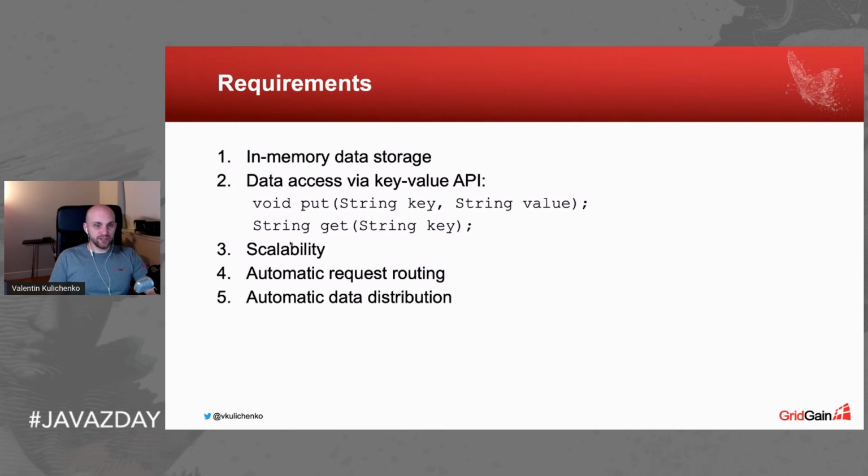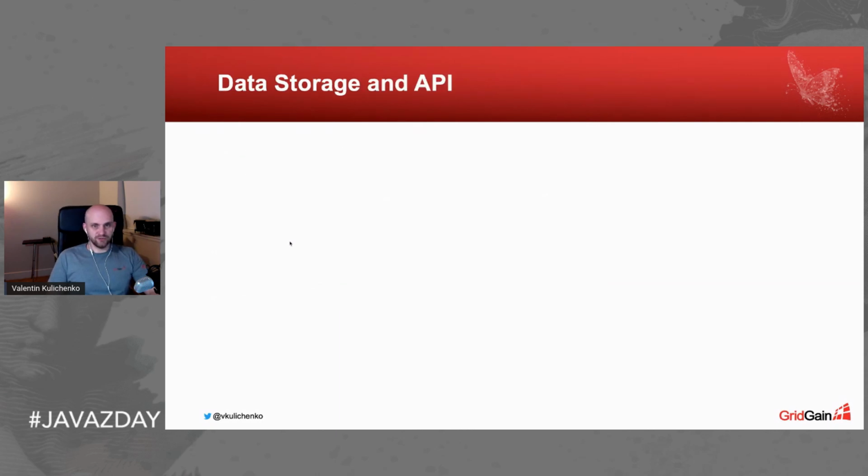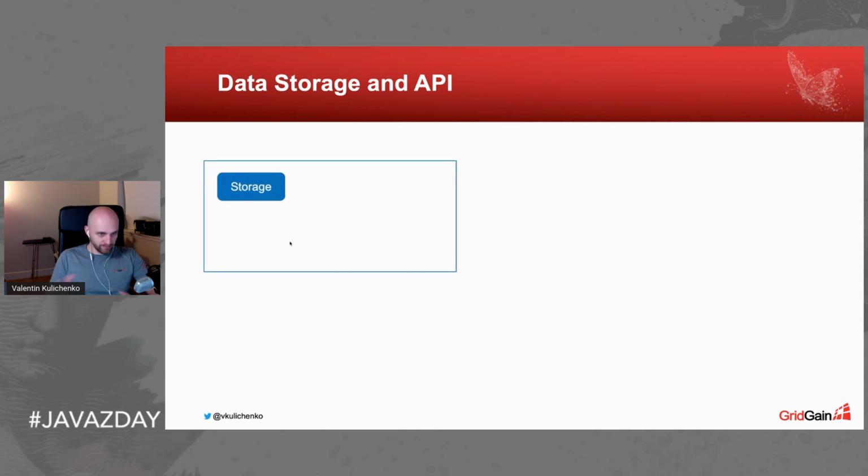So let's start with the first two, which are just very basic requirements. We'll create the data storage and the API for the data storage. And what I will do is create an architecture step by step by adding more and more components into the system. This big blue box represents a server-side process, a process that we will run on every computer in the database, a server-side node.